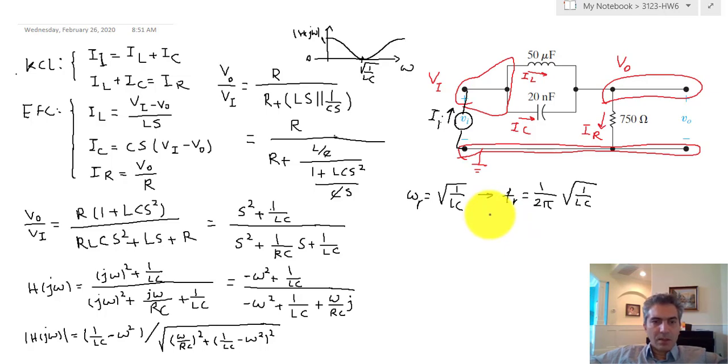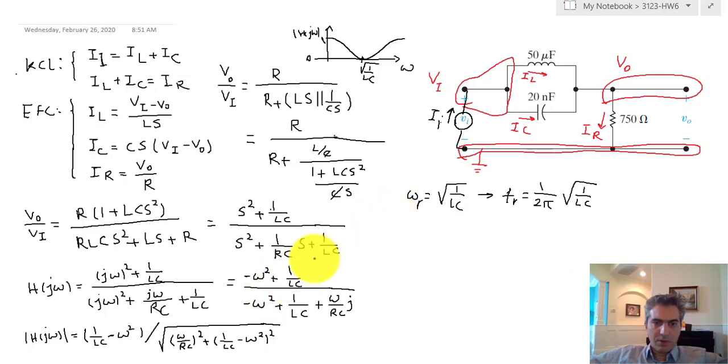Now beyond that, the cutoff frequencies, as we discussed, are calculated based on this equation, where we are looking for a point where the magnitude of H(jω_c) becomes the maximum magnitude over the square root of 2.